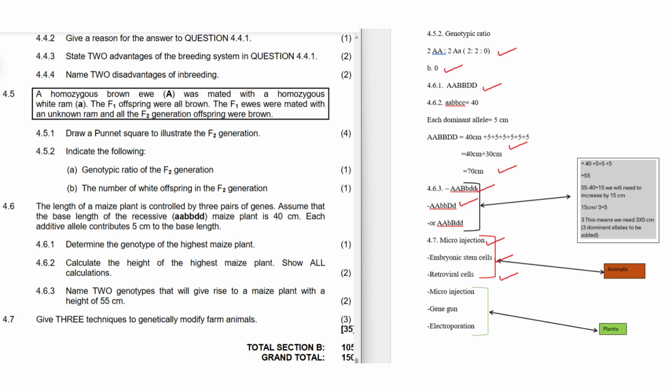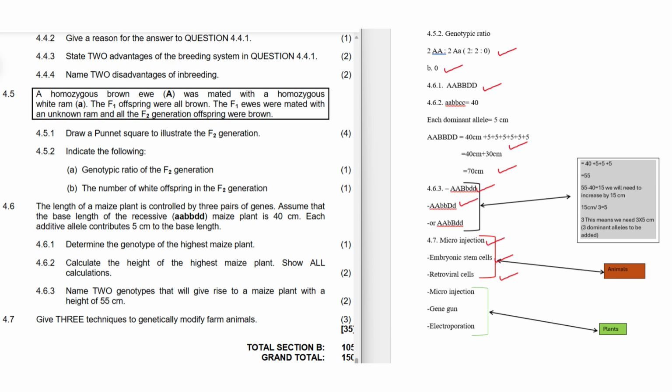Sometimes they can mark you correct, it depends on the marking guidelines, but just in case: the gene gun, electroporation and Agrobacterium tumefaciens are for plants. Gene gun, electroporation, and Agrobacterium tumefaciens are for plants.